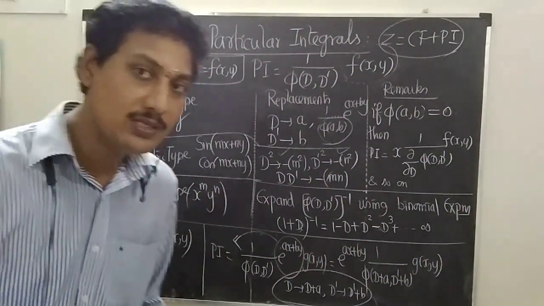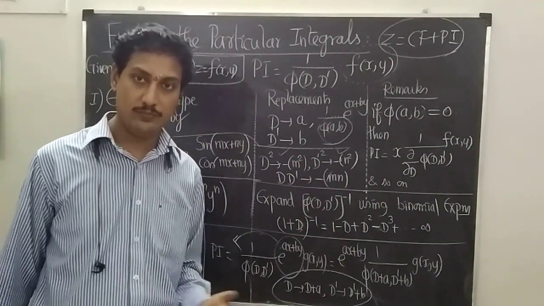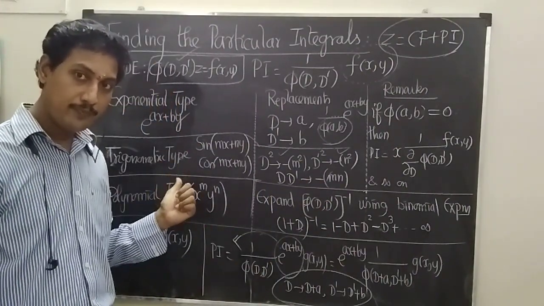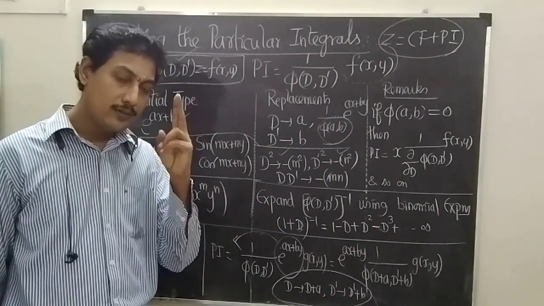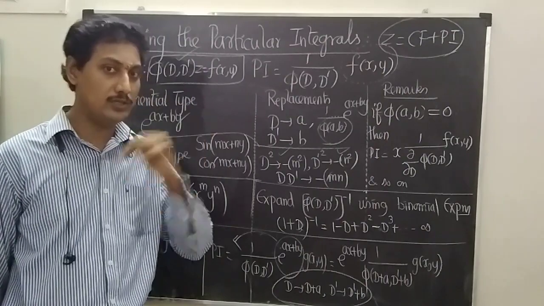So there may be a chance of getting a positive term. But the very important thing for the trigonometric type is that the replacement is for D square, D dash square and DD dash, only for the second order partial derivatives.